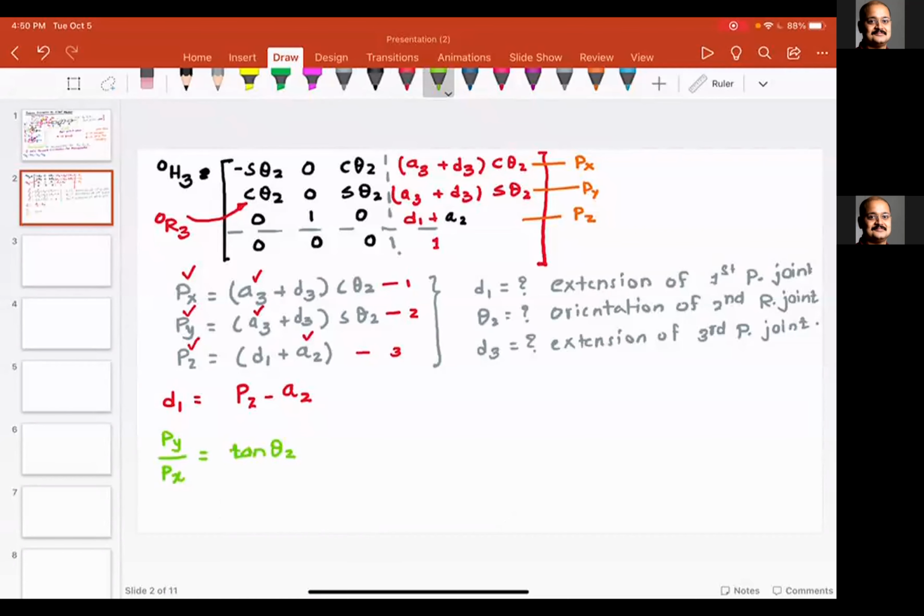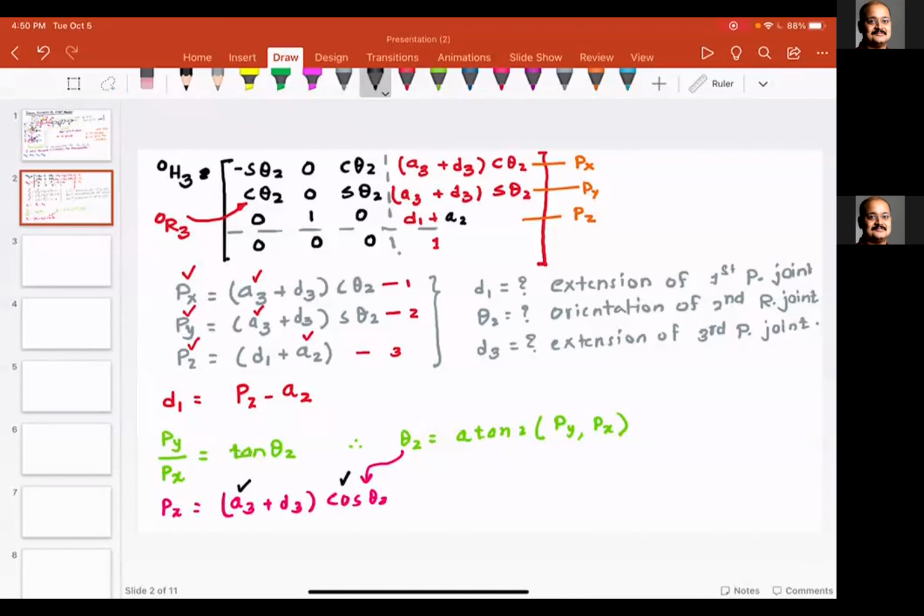So I can find theta 2 as A tan 2 of Py, comma Px, and that gives me the value of theta 2. Once I know theta 2, I go to the equation Px is equal to A3 plus D3 cosine theta 2. Note, theta 2 is known, so cosine theta 2 is now known.